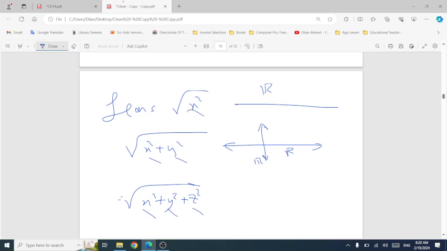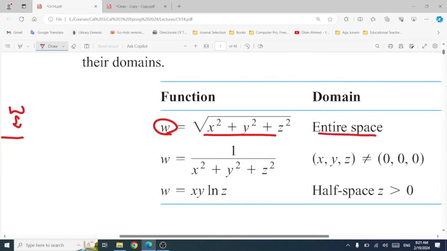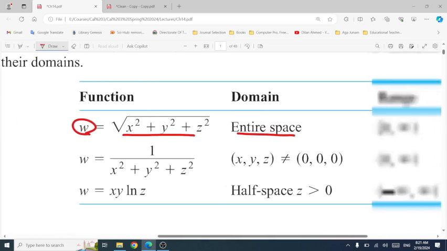So here, I have R for x, right? And R for y. Am I right? And R for z as well. So it's called what? Entire space. Entire space. That's from all, right? So that's why in the domain, instead of entire plane, we have a space because 3 dimension.